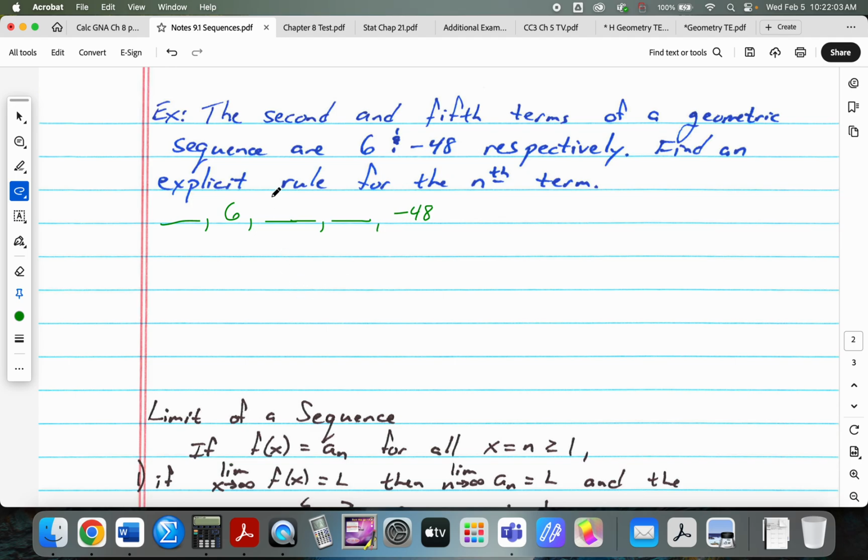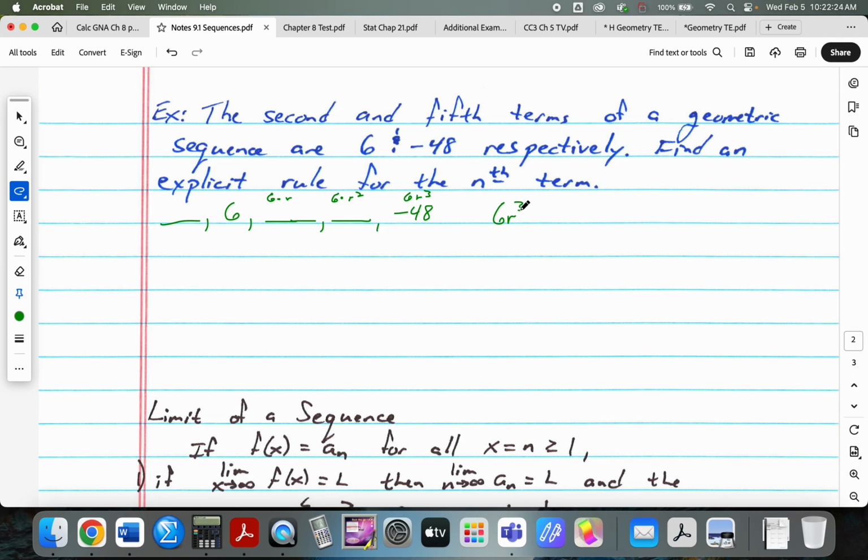So this is going to be, you don't have to write this, but that'll be 6 times r. And this will be 6 times r squared, right? Because you're multiplying by r each time. So negative 48 is 6r cubed.